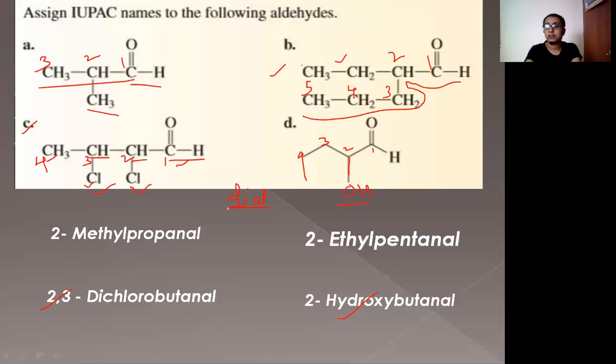Dial means there are two aldehydic groups. Whenever you write dial, the E of the parent alkane is retained. It is not replaced, it is retained, like propane dial, butane dial. We will check it with the help of some examples.